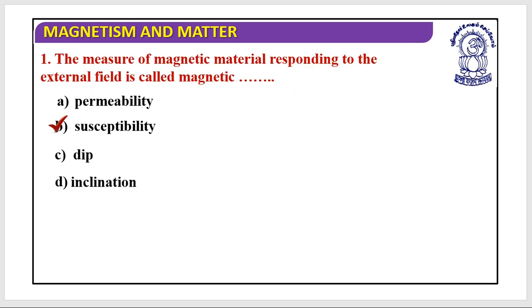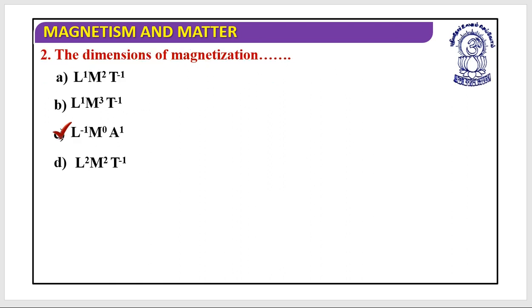Let's have certain questions. The measure of a magnetic material responding to the external field is called what? Yes, it's called the susceptibility. Next, the dimensions of the magnetization M, which we have already derived.